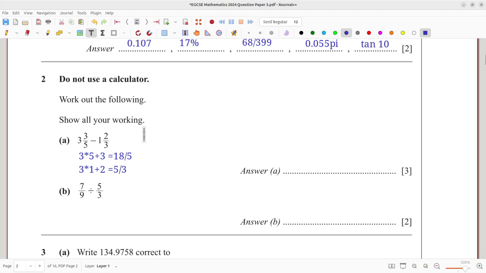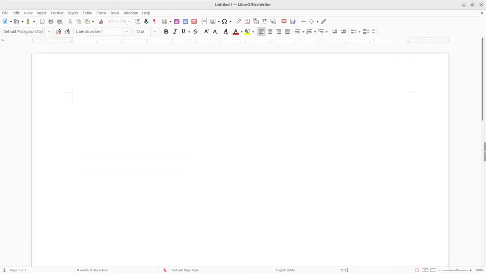Now let's work them. You are actually subtracting 18 over 5 and 5 over 3. So what's the LCM? Alright, the issue of the LCM is actually confusing. Let's do this. Let's go to LibreOffice and do this calculation.